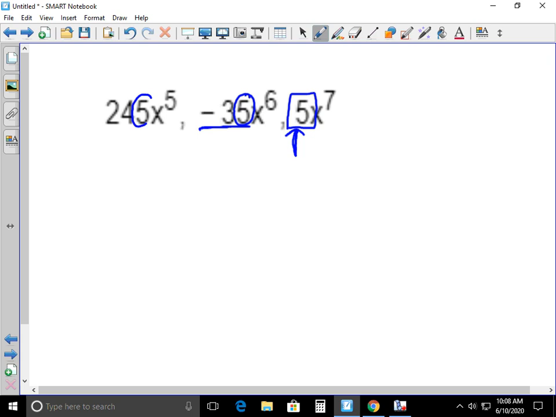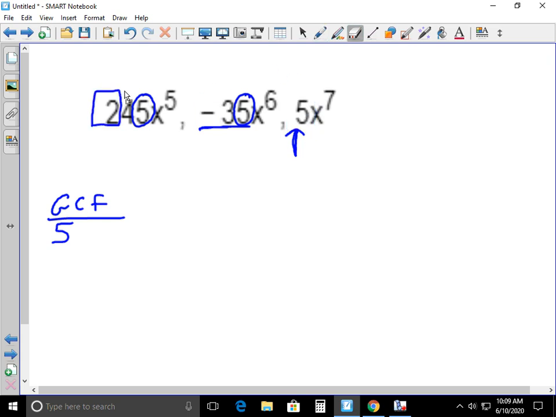Same thing here. That number is a 5, so it's divisible by 5. So 5 goes into 245, 5 goes into 35, and 5 goes into 5. So for our coefficients, the biggest number that goes into each of them is 5.